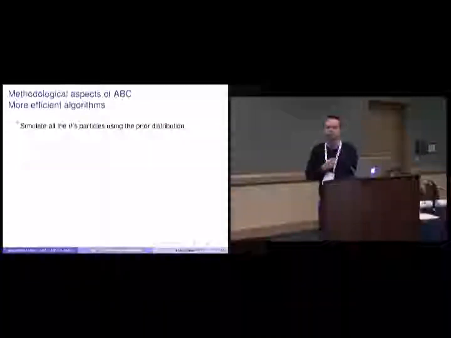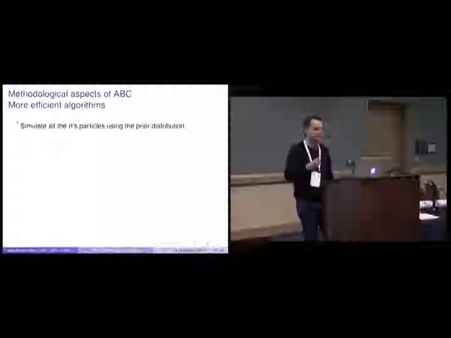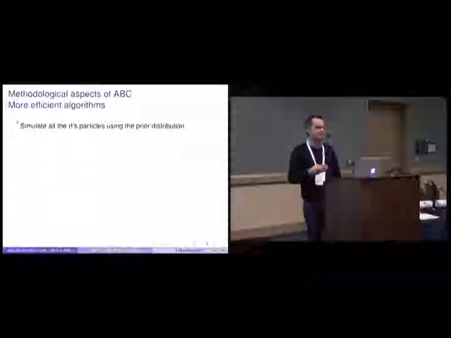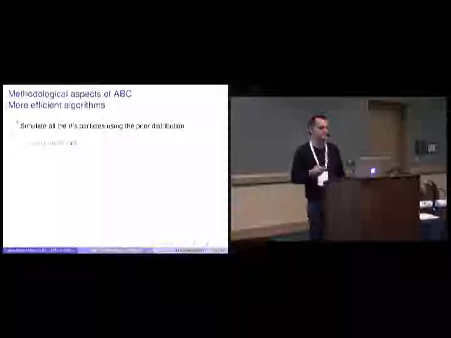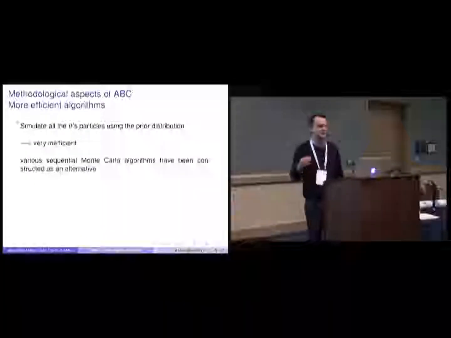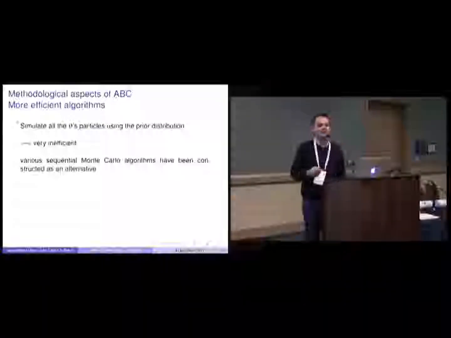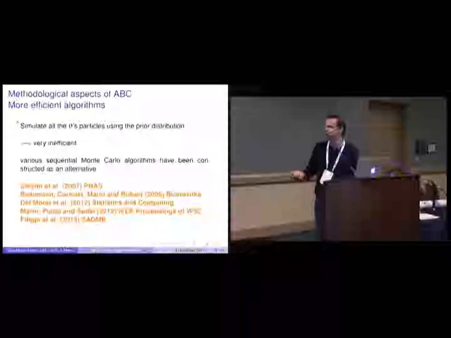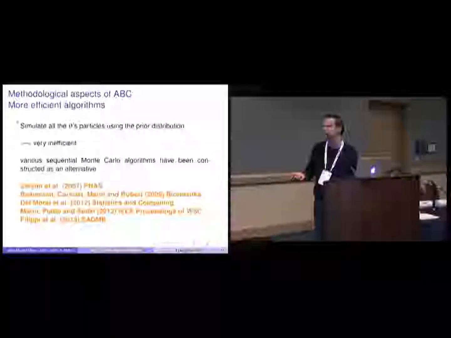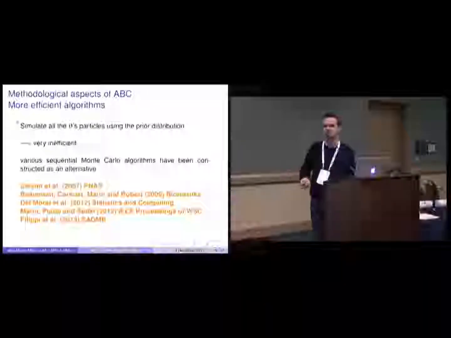Okay, you have also a lot of work on more efficient algorithms. Simulating all the particles from the prior distribution is very inefficient, and various sequential Monte Carlo algorithms have been constructed as an alternative, and there is a lot of work, including some we developed with Mark Beaumont and Pierre Pudlo, Mohamed Sedki, and Christian and Ozer and Jean-Marie.